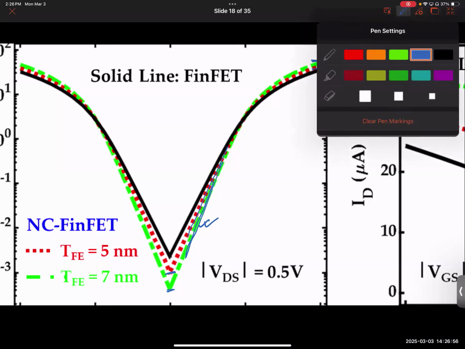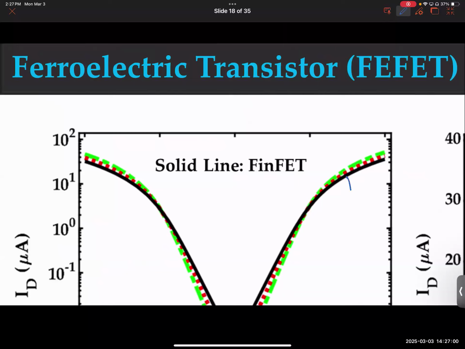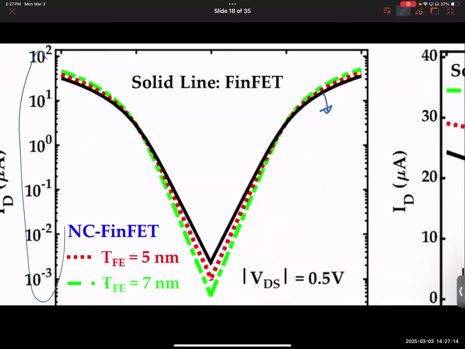Why do you have such minimal change? Because the baseline transistor that was used here was already very good. If you take a poor transistor, you can make it really better, and then you see the visible change. But if it is already very close to the Boltzmann limit, the change is not as apparent. The other reason is it's in log scale, by the way. So the changes are not really that pronounced here, but they change a lot. Am I making sense?